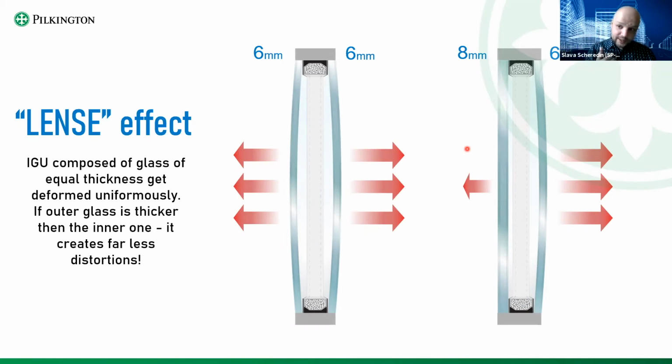So from that perspective, we can think, okay, two rules. First, thicker outer glass, good. It will bend less. And not that wide spacer, also good. But in fact, some of these are not.